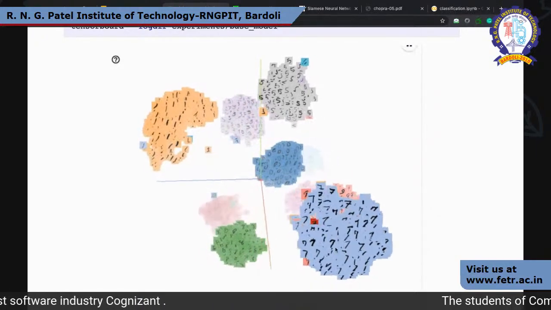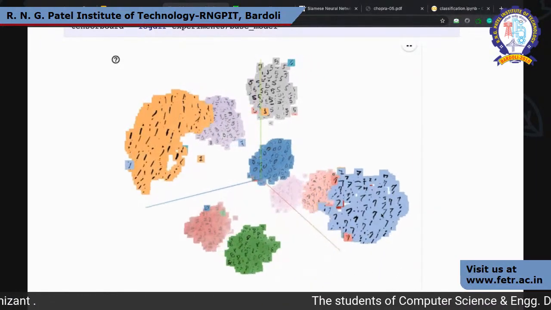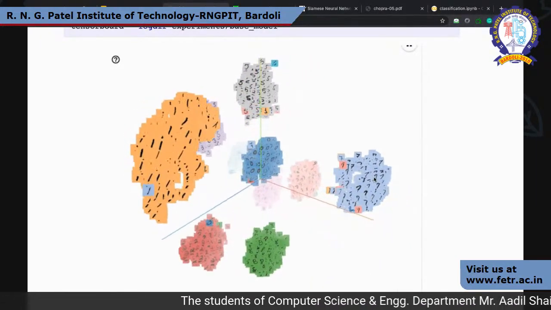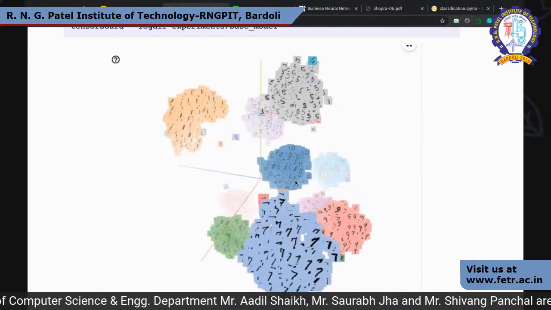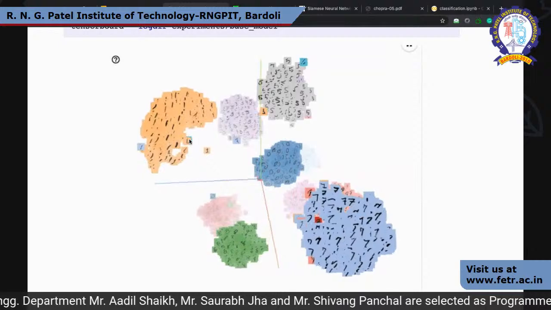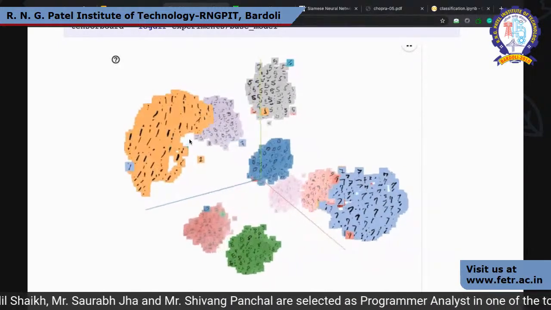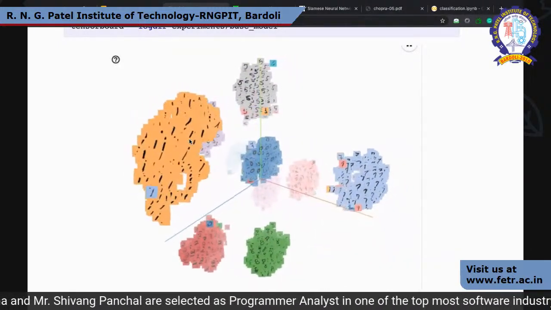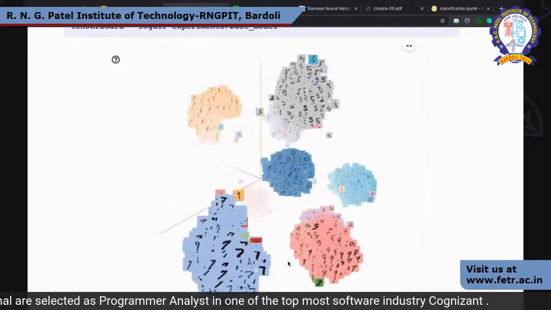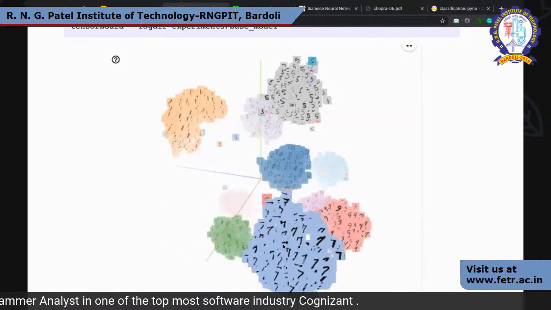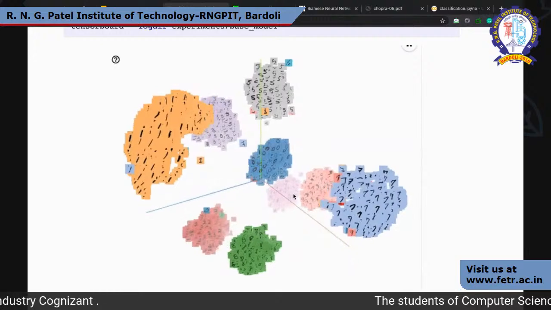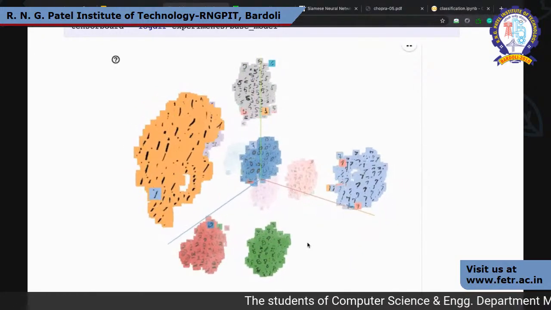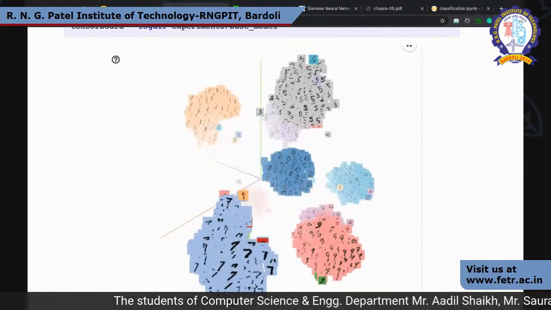We have differentiated each and every image, like number 1, number 3, number 7, number 0. You can see the placement of each, and in the two-dimensional space, those which don't have a high distance, you can easily identify the similarity between them.